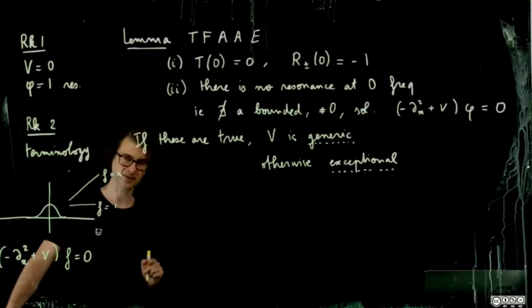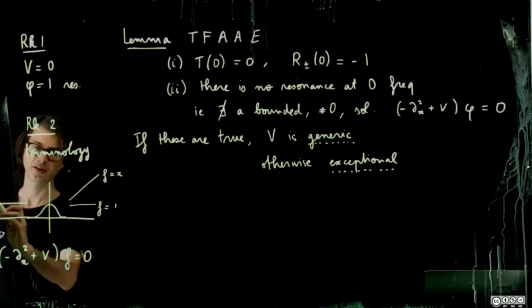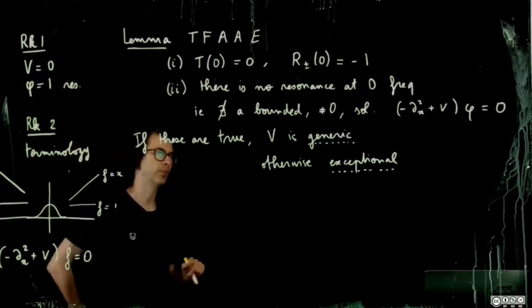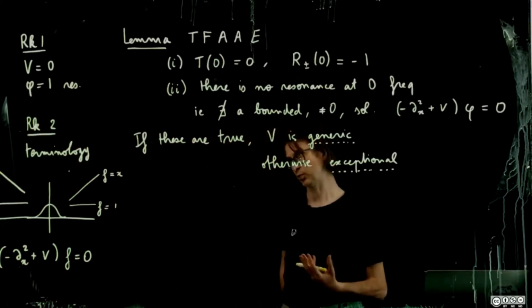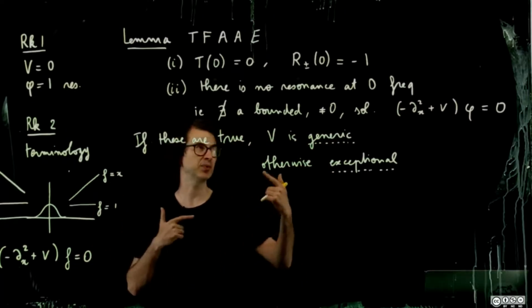That's clearly a basis of solutions. And on the left of the support of the potential, same thing: f equals 1 and f equals x provide a basis of solutions.